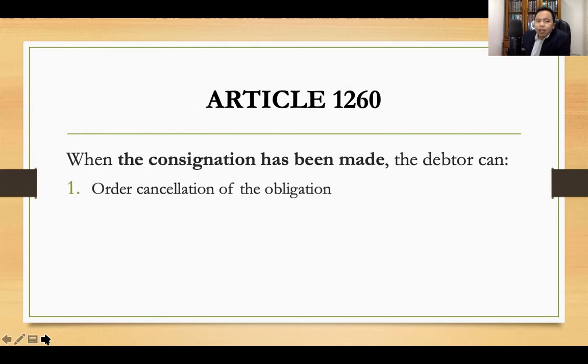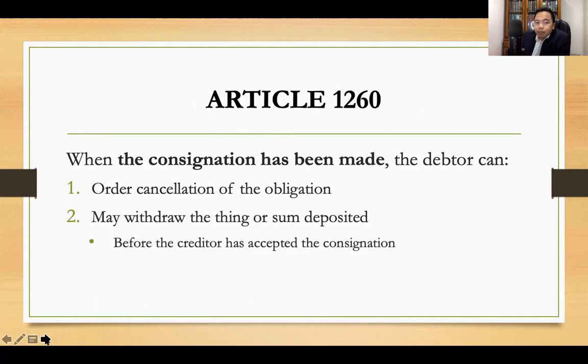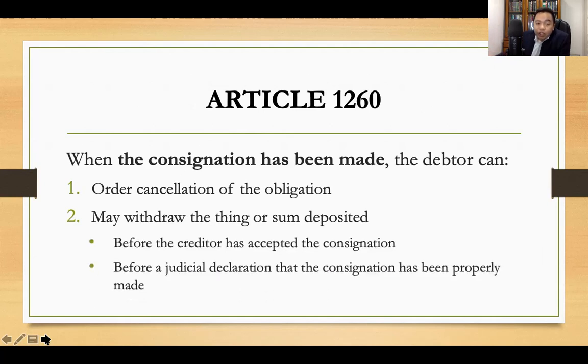Now, under Article 1260, when the consignation has been made, the debtor may withdraw the thing or sum deposited before the creditor has accepted the consignation or before a judicial declaration that the consignation has been properly made.